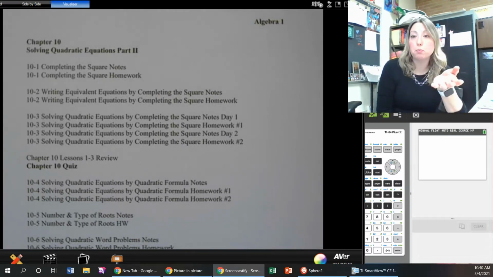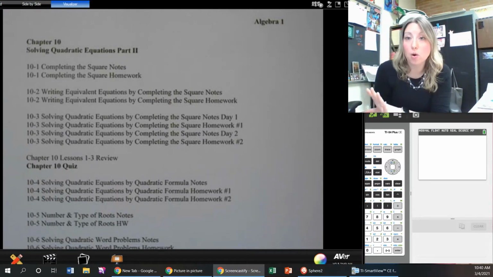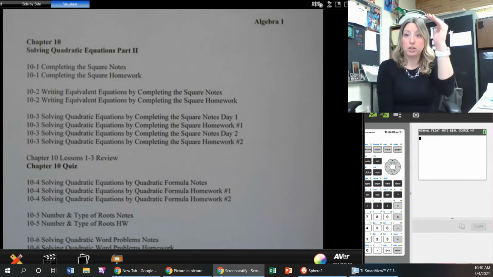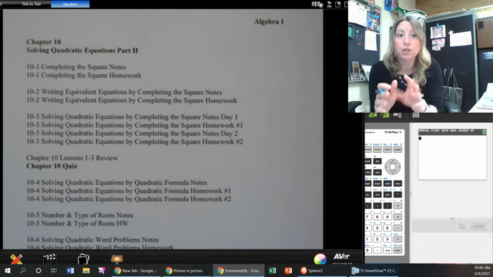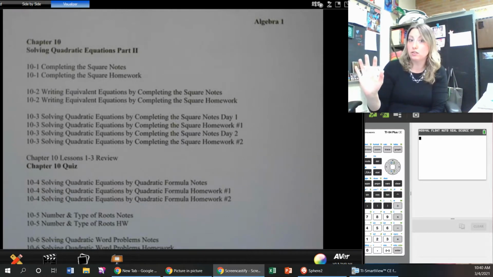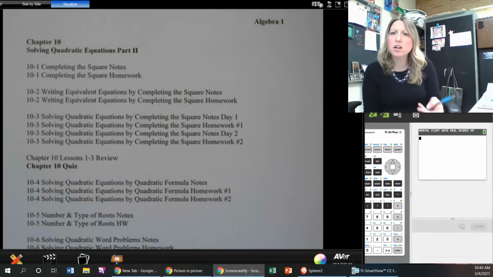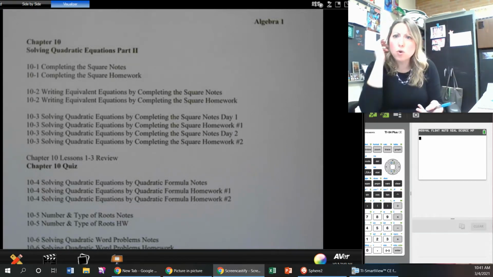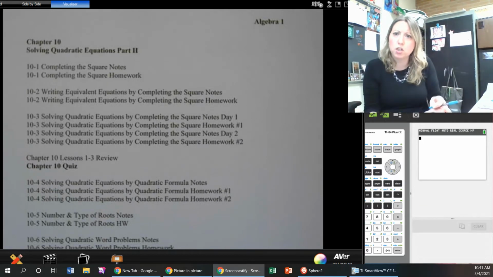Now, we're going to break those into two pieces, being lessons 1 through 3. We'll solve quadratic equations by completing the square, but we need to kind of practice first before we get into the whole deal. And then at the end, we'll start talking about solving quadratic equations by using the quadratic formula, the greatest formula in existence, and kind of look at, can we look at our quadratic equation and know whether it's factorable or not and know what type of answers we're going to get?